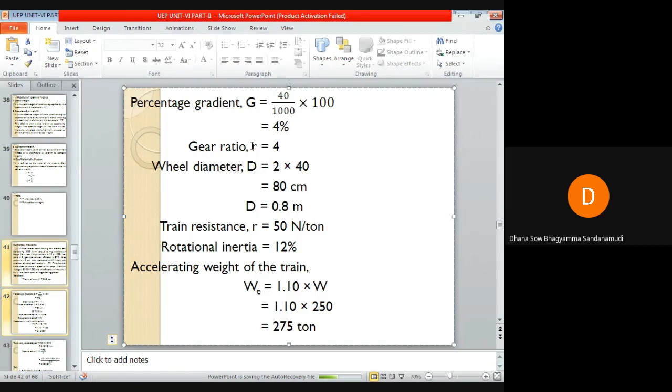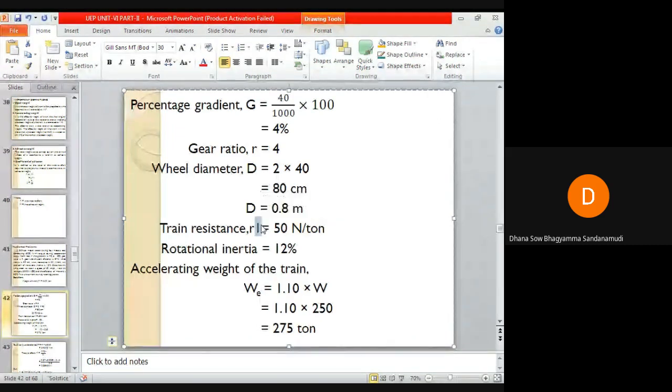Train resistance is given. This is different from this term, so better I will remove this R, because if both are R terms, you will get confused. So let us assume R1 is the train resistance.